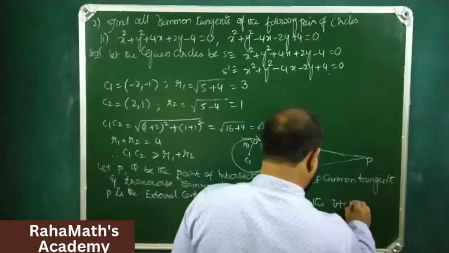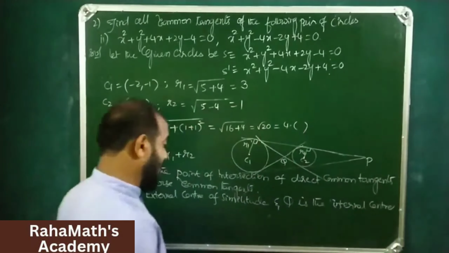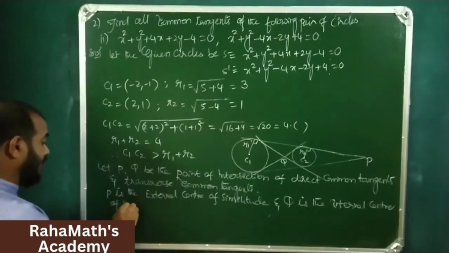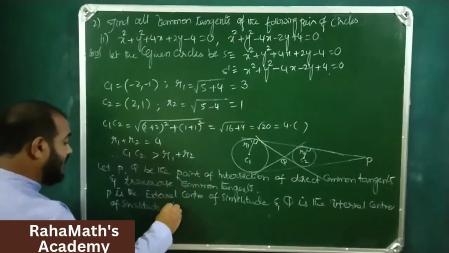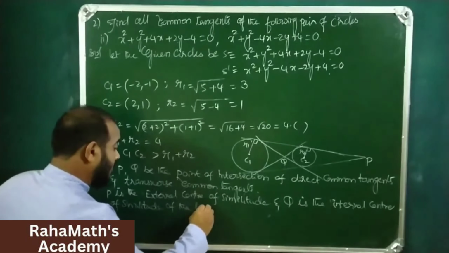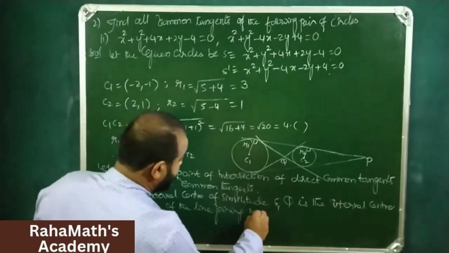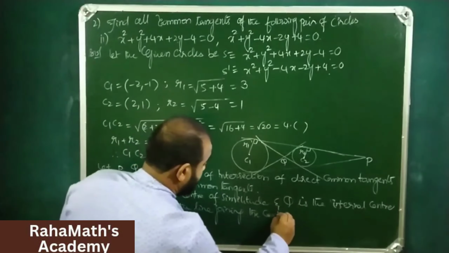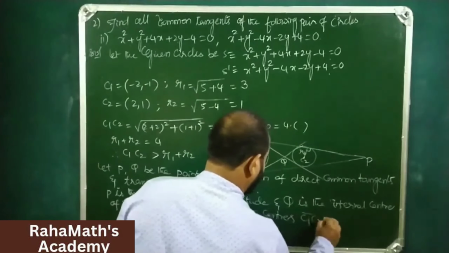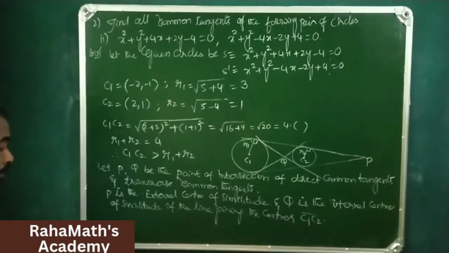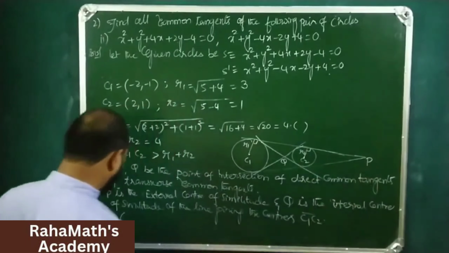Okay, internal center of similitude of the line joining the centers C1 C2. So P is equal to, how do we get this P?